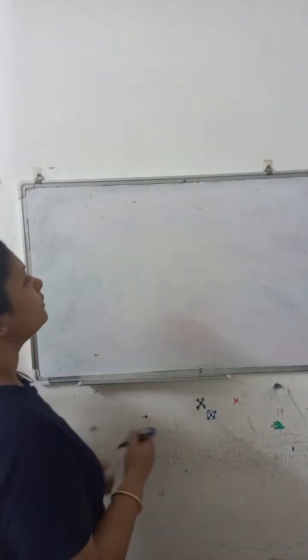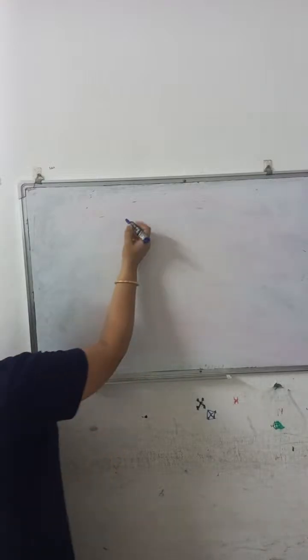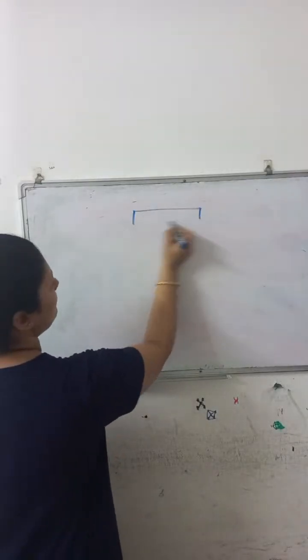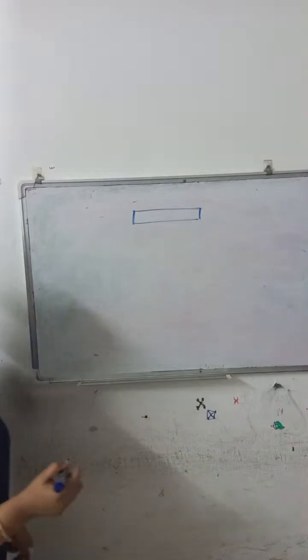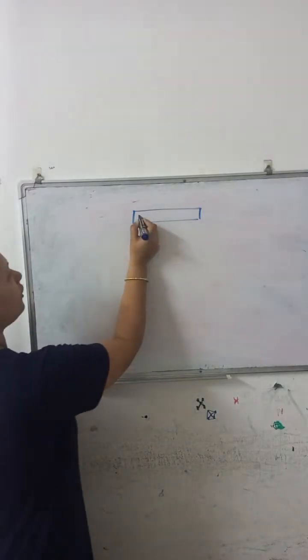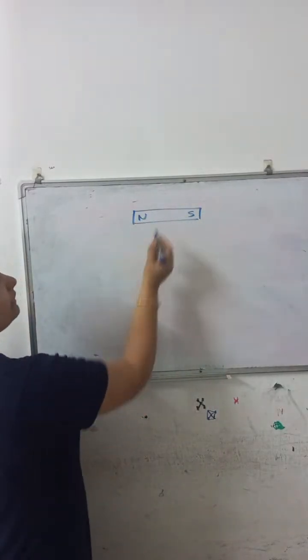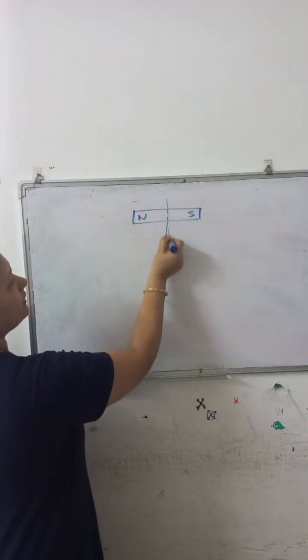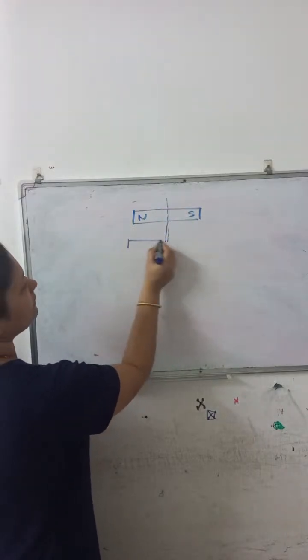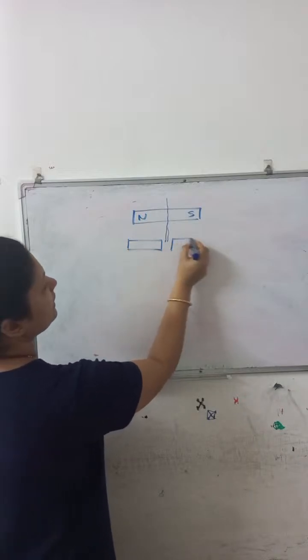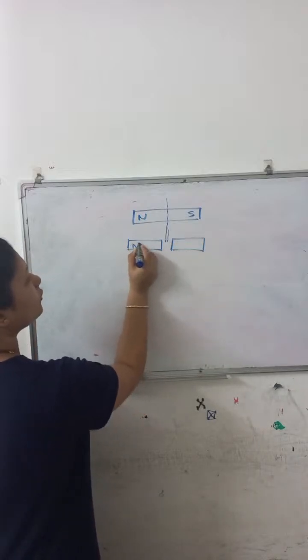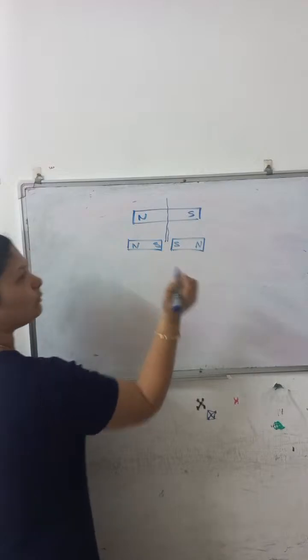Basically, magnets are always dipole. Di means they have two poles, this is north and this is south. If you cut it vertically into two parts, you again get two magnets, and those two magnets also have two poles.